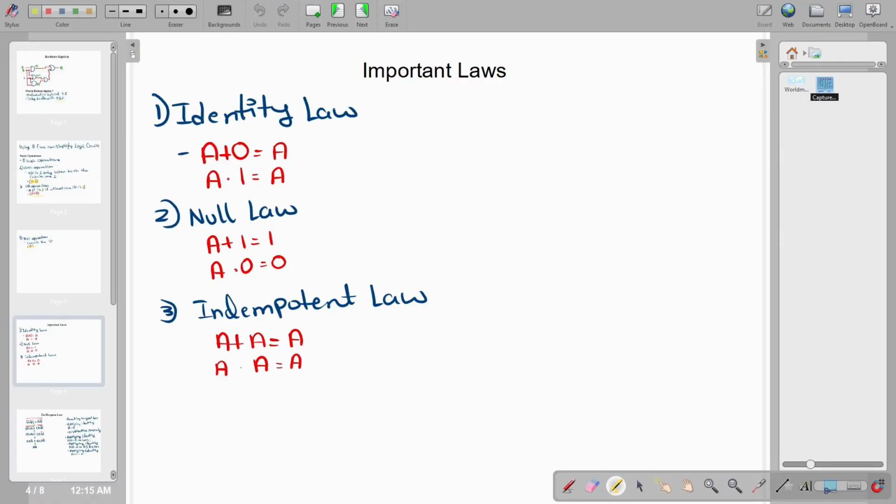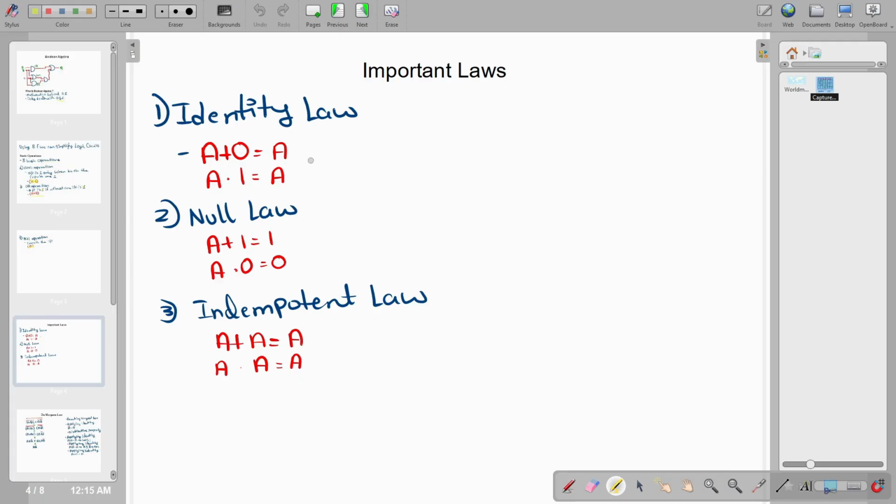Moving further, we will be seeing important laws of Boolean algebra. These will help us to simplify expressions. The first law is the identity law.